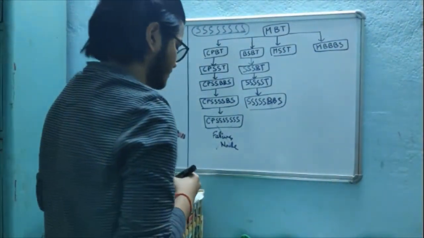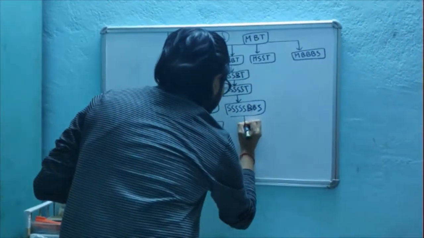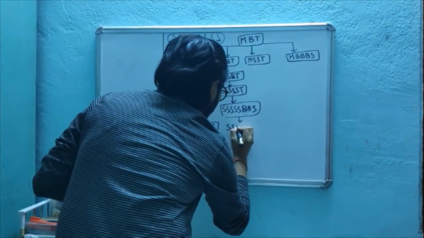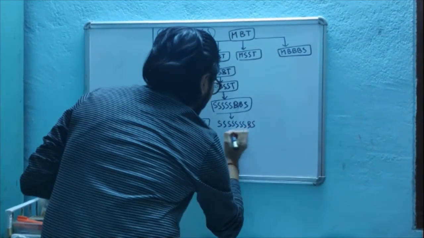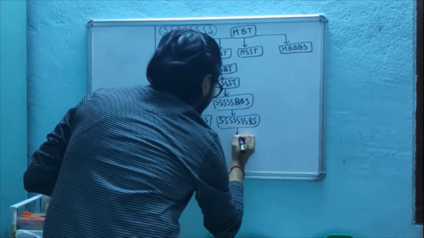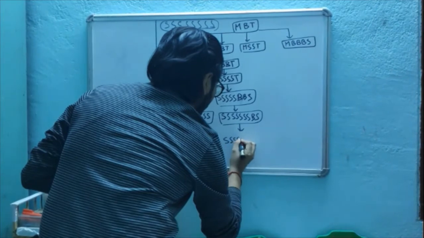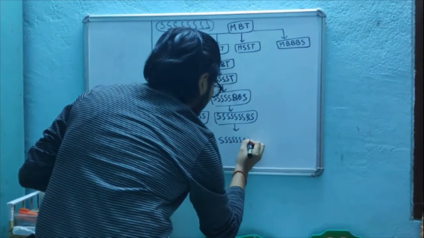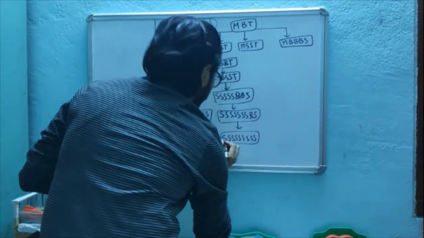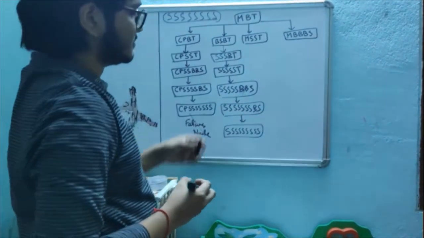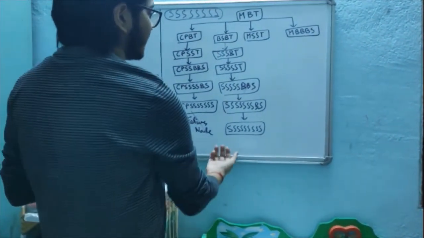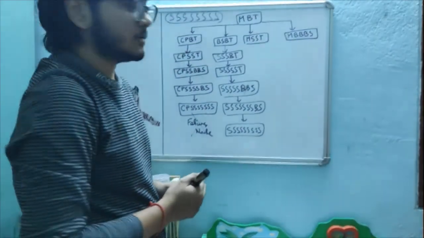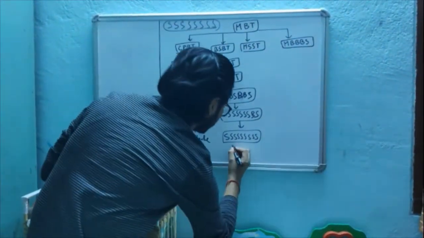And now again 2B with stamps. So we can say this node is successful because we are getting all the stamps in our final node.